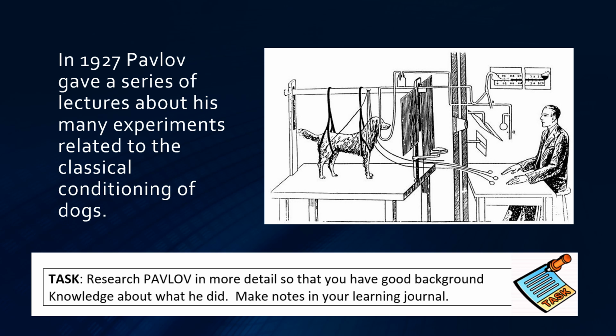It might be helpful to start considering animal ethics. So how did he collect the saliva to measure how much the dogs were salivating? Pause the lesson for about 10 minutes, make some brief notes or a mind map, and then restart, and we'll go through Pavlov in much more detail.